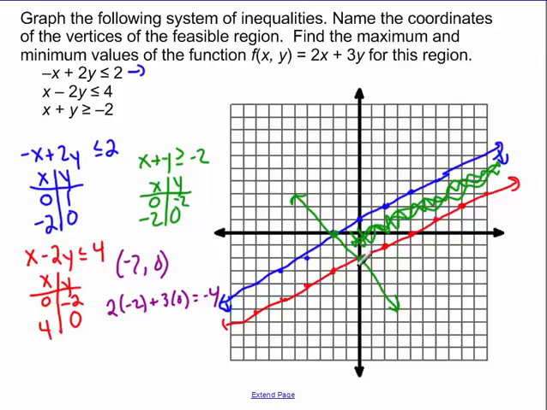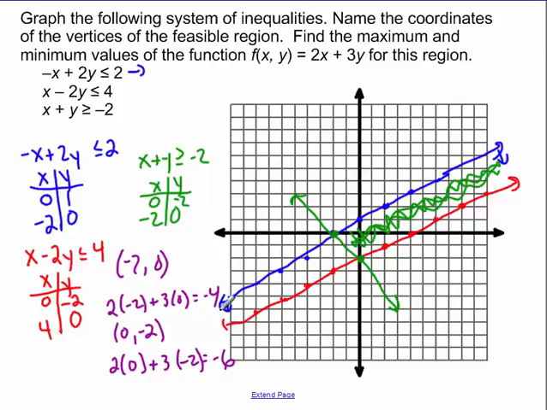Now if I plugged in my other point, which is (0, -2), I meant to say negative. We have 2 times 0 plus 3 times a negative 2. That's going to be a negative 6.